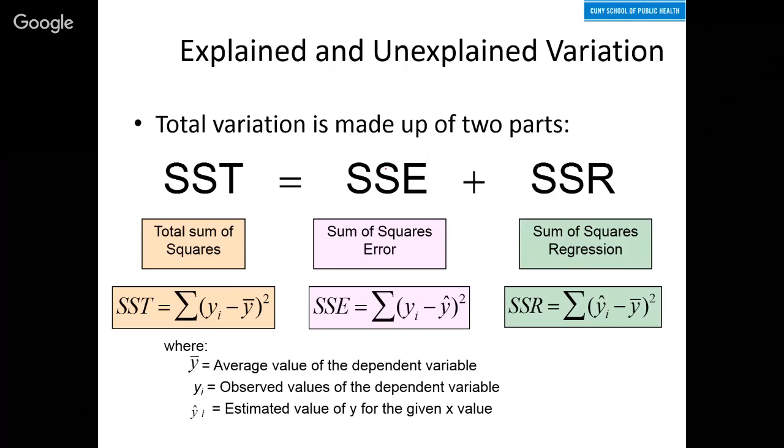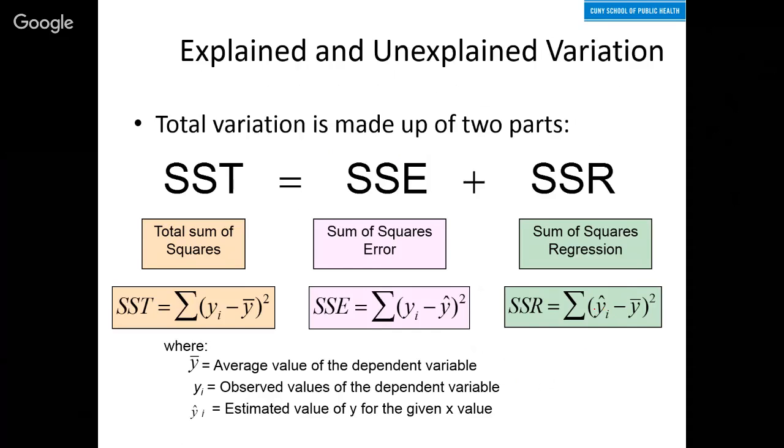So the sum of squares of the error are the residuals. These are the observed values of y minus the predicted values of y, the predicted values being from our linear regression, from that line with a slope. So this is the sum of squares of your residuals, or your error terms, your E sub i. And this is the sum of squares of your regression.